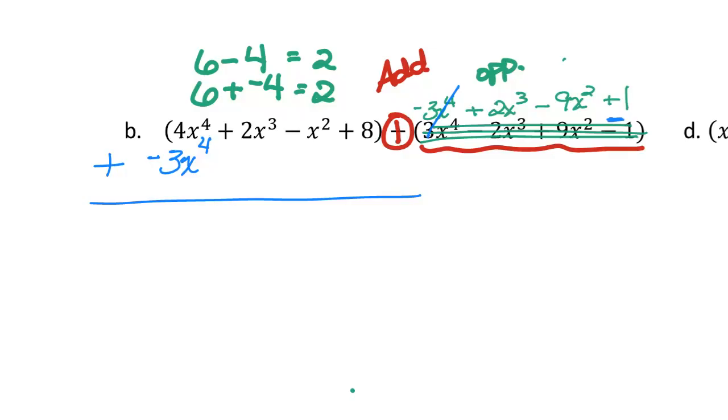Plus 2x to the 3rd, I'm going to stack that on top of the x to the 3rd column. Then I have negative or minus 9x squared. I'm going to stack that on top of the x squareds. And finally, plus 8. I have a plus 1. I stack that with my constant.